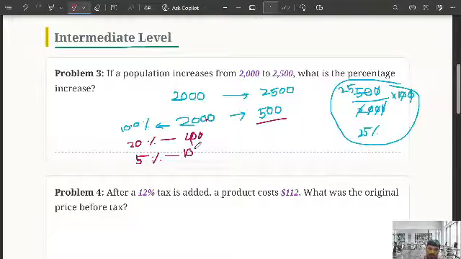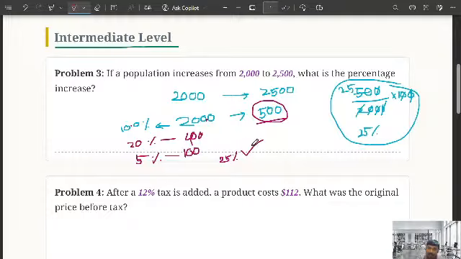So add these two. This whole process will be in your mind. 400 plus 100, that is 500. So 20 plus 5, that is 25% is the correct answer.